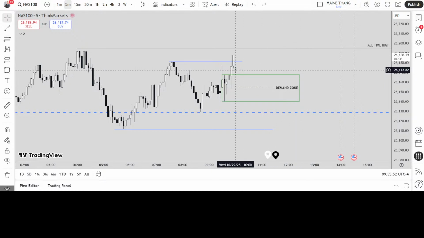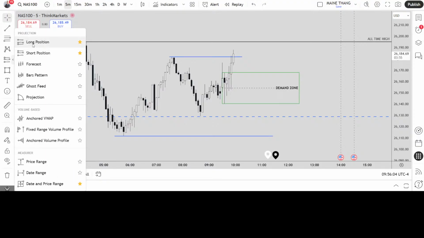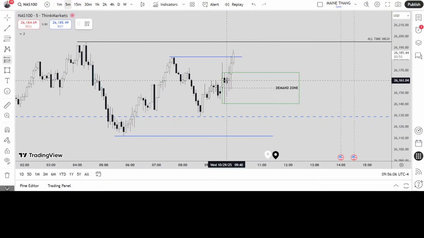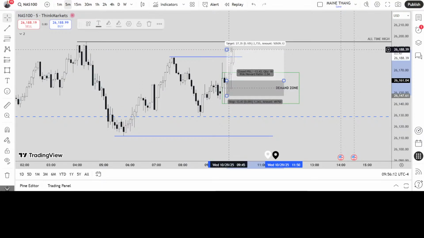So if you would have held on to your previous one, you would have hit a 1 or 2 already. I think on this candle, this one. Yep, you would have hit a 1 or 2.